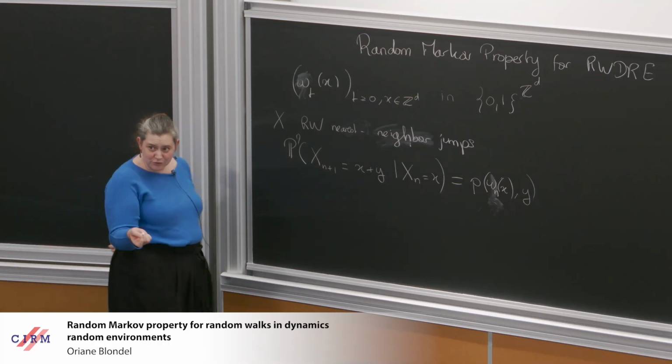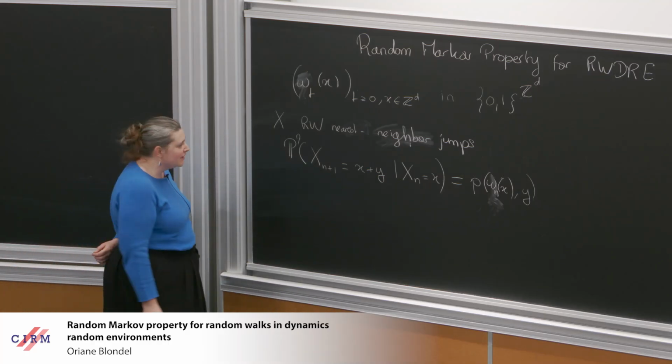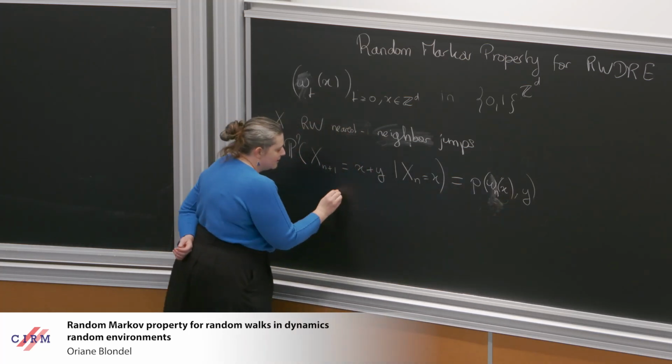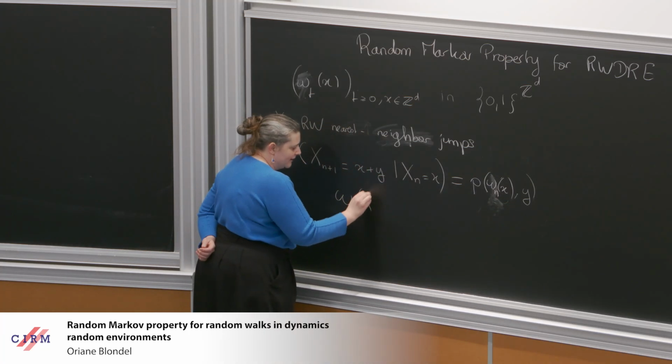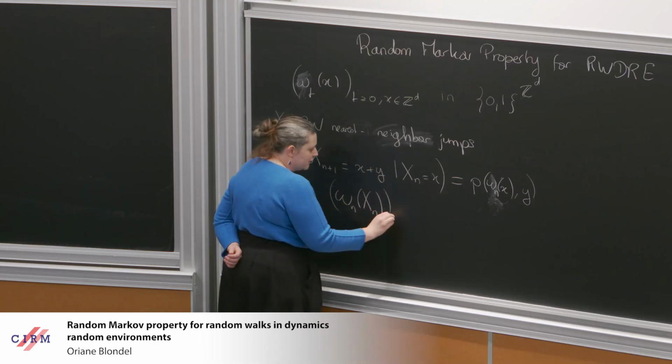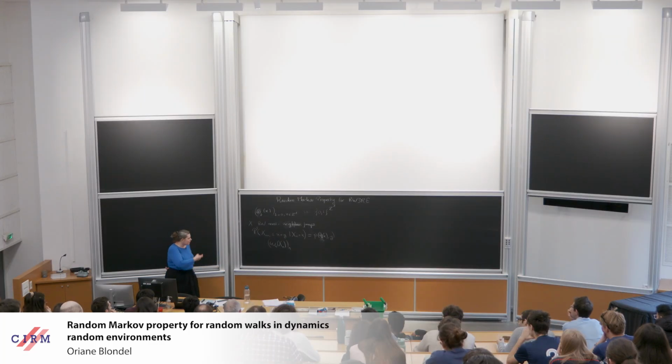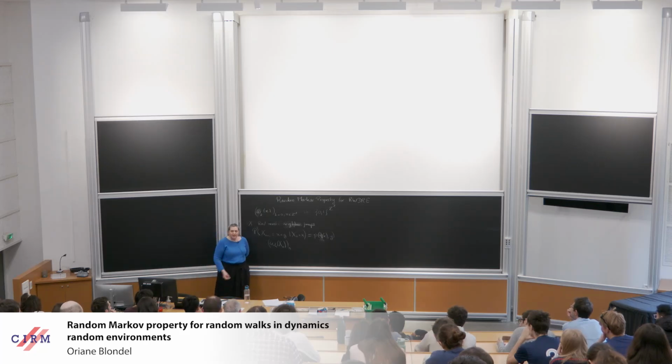And so Daniel told you already that a key player in this story is this process, omega_n(X_n), which, even if omega by itself is very simple, seen from this random walk that has collected a lot of information along the way, is a complex object to understand.